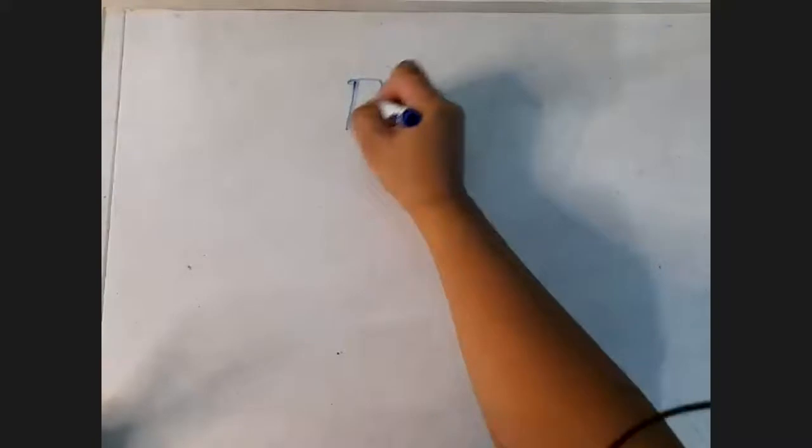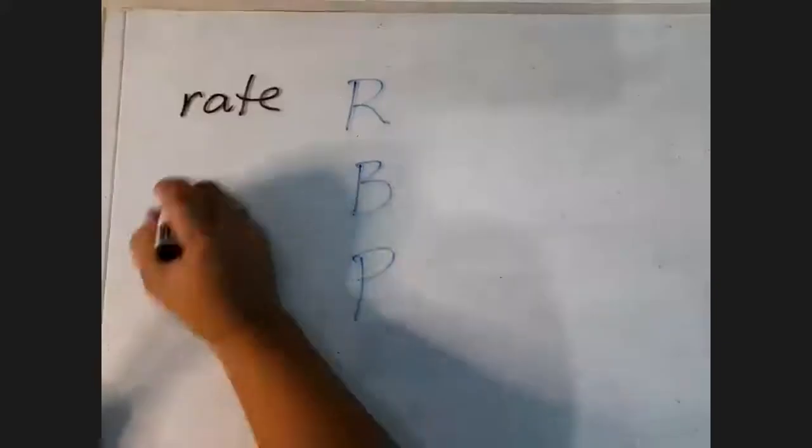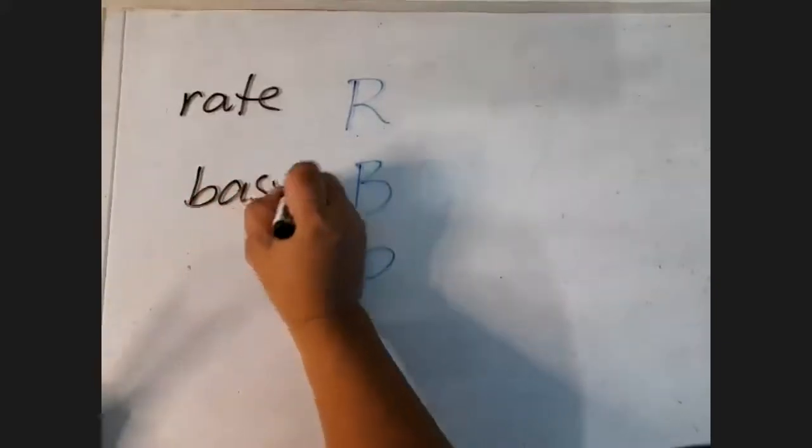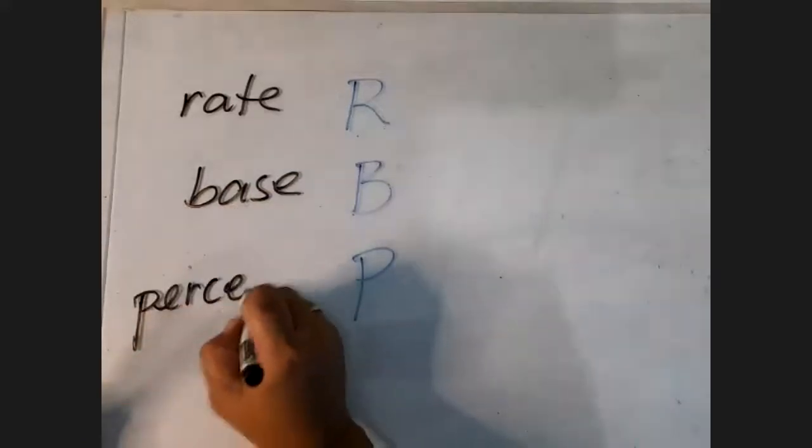First and foremost, you need to identify three numbers, R, B, and P. What do we mean by R, B, and P? R refers to rate, B stands for base, and percentage is for letter P.